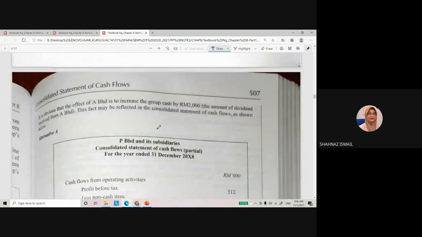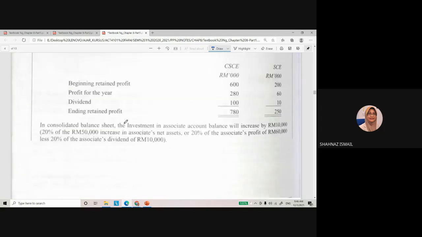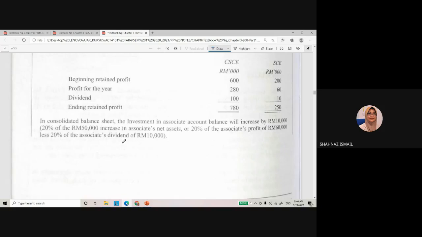Okay. Dan dekat sini, okay, dia dapat share of profit. Okay, share of profit adalah 12. So share of profit ni tidak melibatkan inflow ataupun outflow of cash. Okay, tapi dividend okay, ada. So in consolidated balance sheet, the investment in associates account balance will increase 10,000.